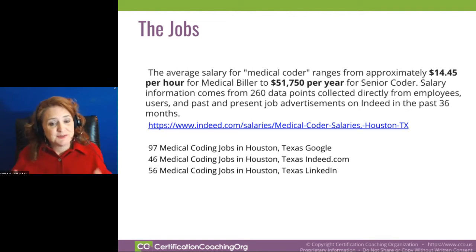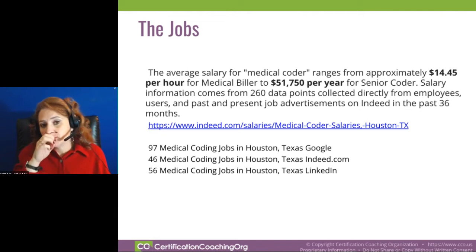Think about what's in Houston. That's why we have MD Anderson. We have several hospitals. We have medical schools. It's a huge area for medicine, and one of the largest cities in the United States. So that would make sense.